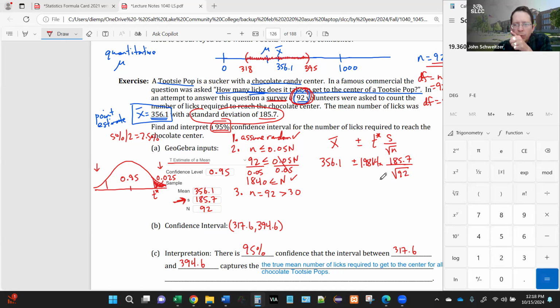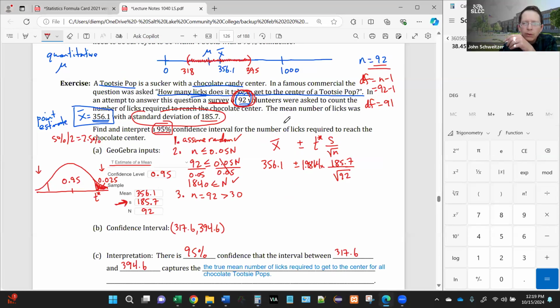Then we multiply that by our critical t-score, so I'm going to go times 1.9864. And notice I haven't cleared out my calculator, so I'm not going to get any annoying rounding errors here. Everything is looking good. So that value you see on the calculator there is the margin of error.